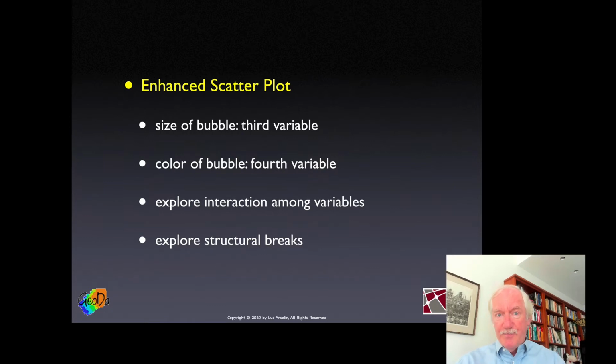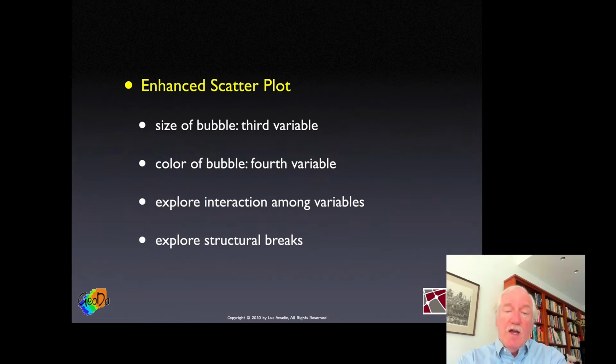Now, this is a bit challenging for human perception. Some people have trouble with colors, and colors can be very misleading, as we've seen in the discussion of maps in the previous module. But you get the principle. The principle is we go beyond the scatter plot as a plot of points to the scatter plot as a plot of circles.